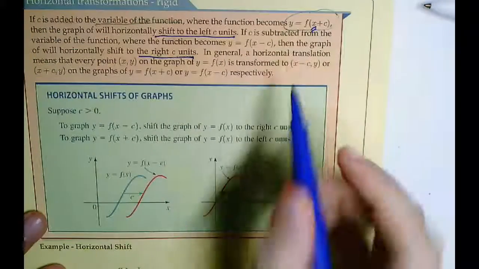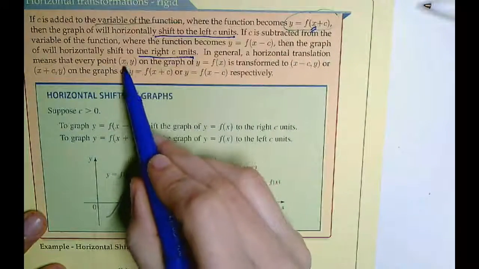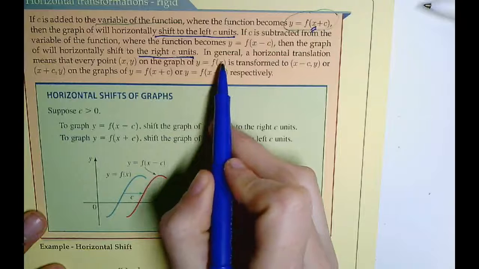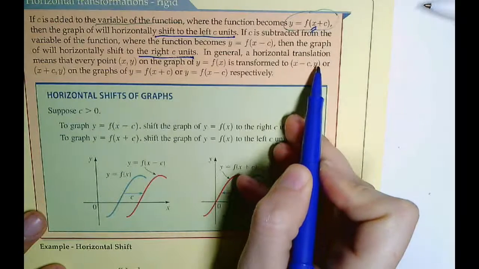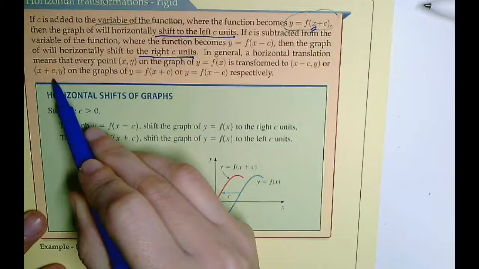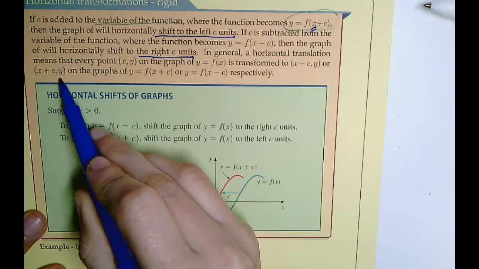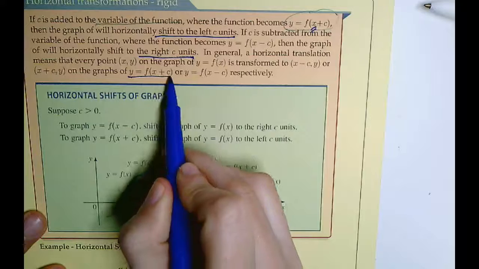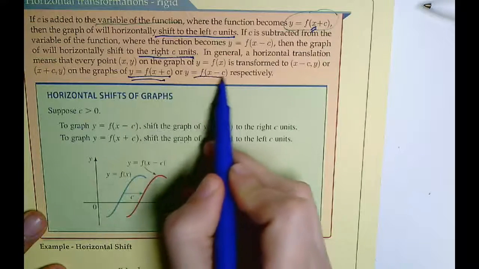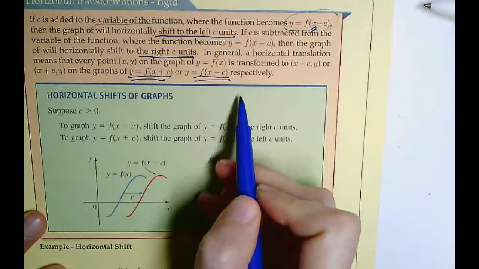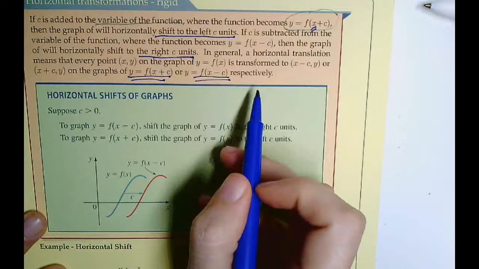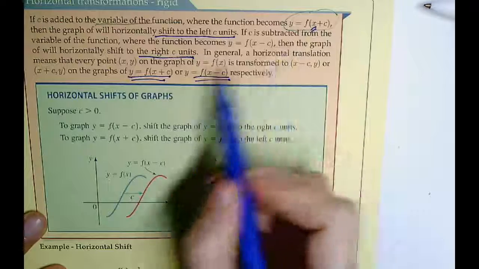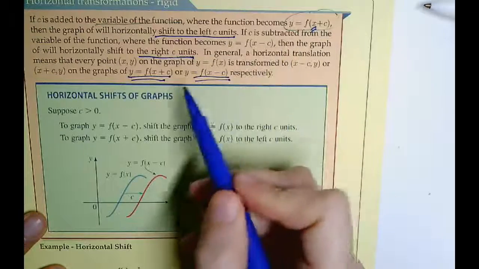In general, horizontal translation means that every point (x, y) on the graph of f of x is transformed to (x minus the constant, y), or (x plus the constant, y), for the graph shifted to the left and the graph shifted to the right. So as long as you remember that this is exactly backwards, you'll be fine.